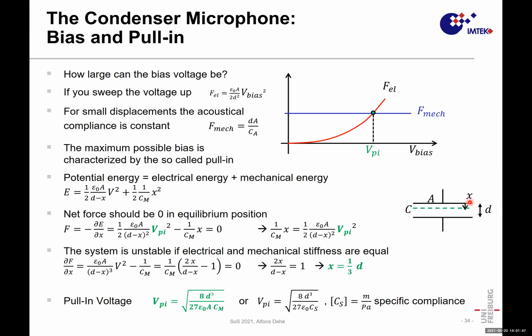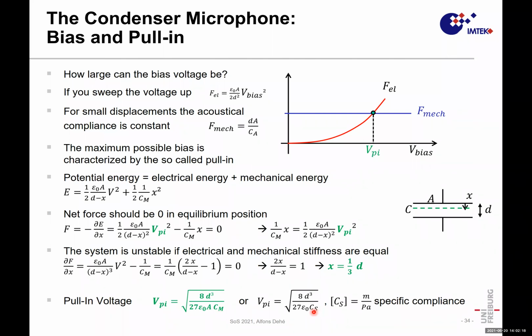So if the membrane is attracted to 1/3 of the total or initial gap, then we have reached the pull-in voltage, and then the system will be unstable and collapse. So finally, with this information, we can formulate the pull-in voltage to be 8 times the distance to the third, divided by the area and the compliance or the specific compliance of the diaphragm.